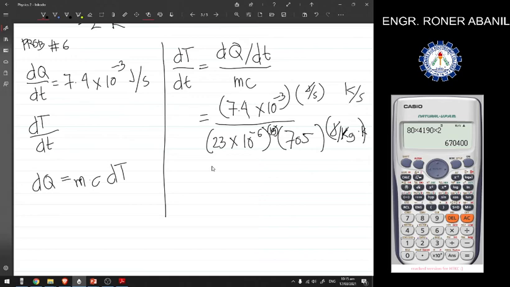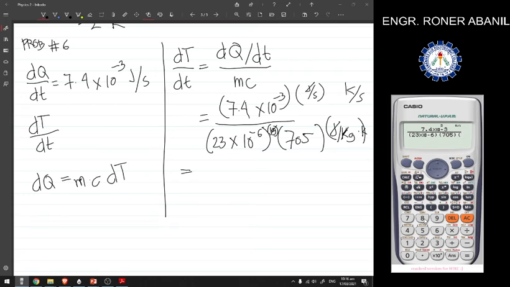So, using your calculator, the answer will come out. 7.4 times 10 raised to negative 3, then 23 times 10 raised to negative 6, multiply by 705.